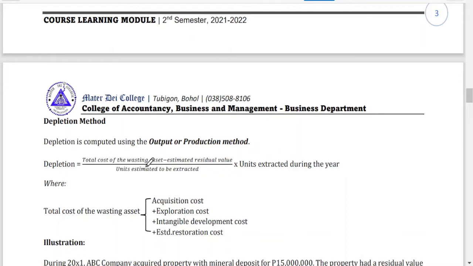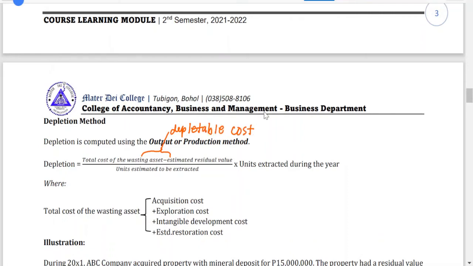So how to compute the depletion using the output or production method? It's equal to the total cost of the wasting asset minus the estimated residual value, and this is what you called as the depletable amount. Okay, so this amount here, if you're going to name this one, this is your depletable amount or depletable cost, just like the depreciable amount, or the depreciable cost.